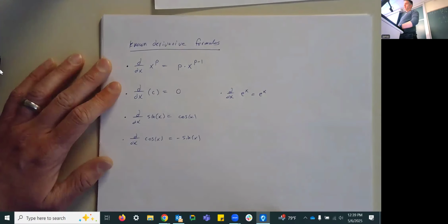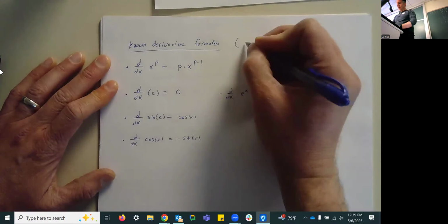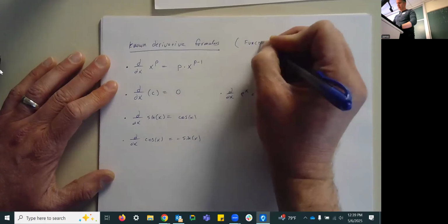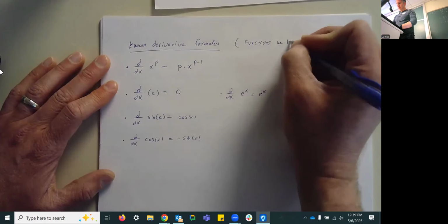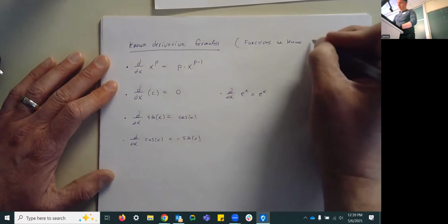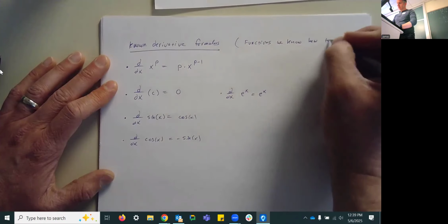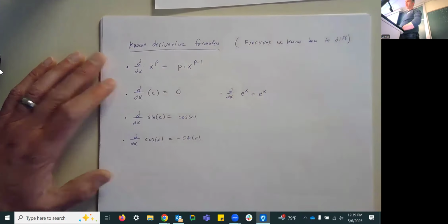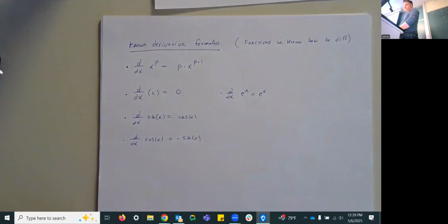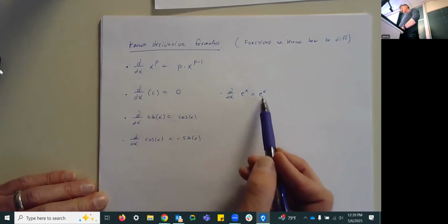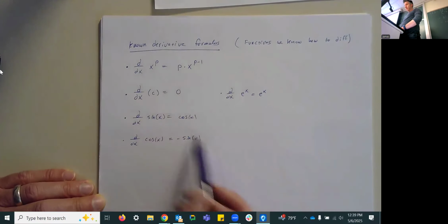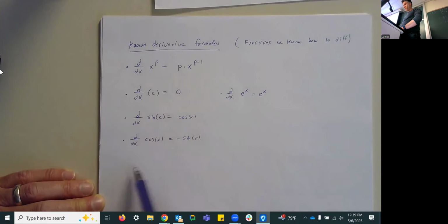I feel like what I should have really titled this is functions we know how to differentiate. I'm not talking about the rules like the product rule and the quotient rule, just things we know how to take the derivative of. And the reason I put the derivative of e to the x up here is because I'm leaving myself some space down here to add to my list. Because we're going to add 1, 2, 3, 4 more things here in a moment.